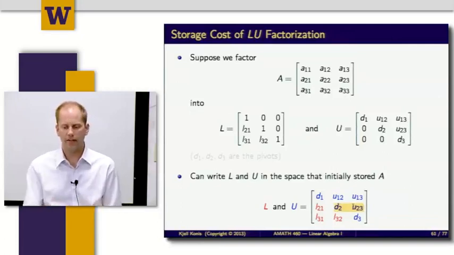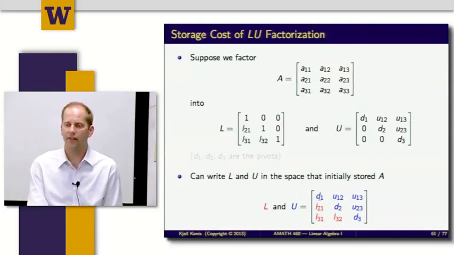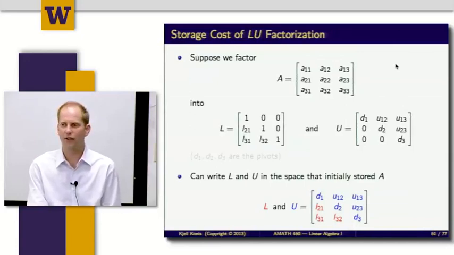And then if I continue in that way, I'm going to end up with the LU factor stored in exactly the same memory that I started out using to store my matrix A. So if you're doing this on a chalkboard, you only ever have to erase one number at a time, which is different than the way you probably had to do the exercise for the first quiz today, where you had to write out the system every time you did the elimination.